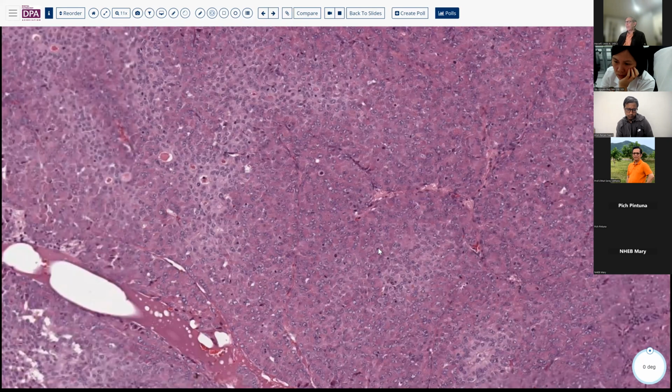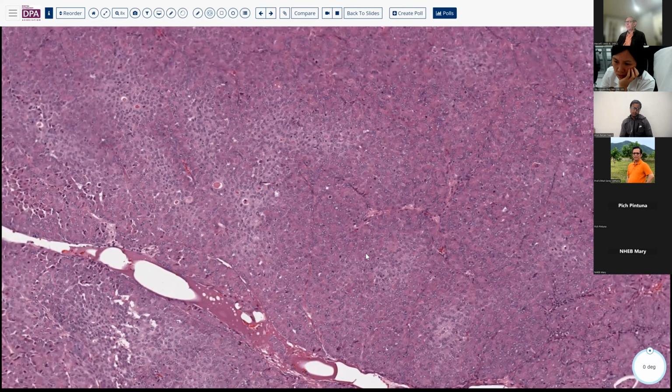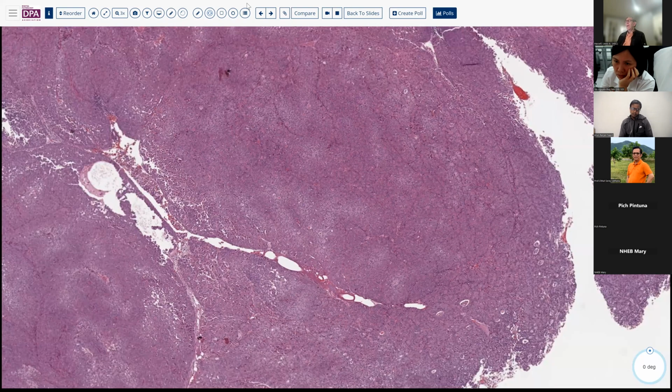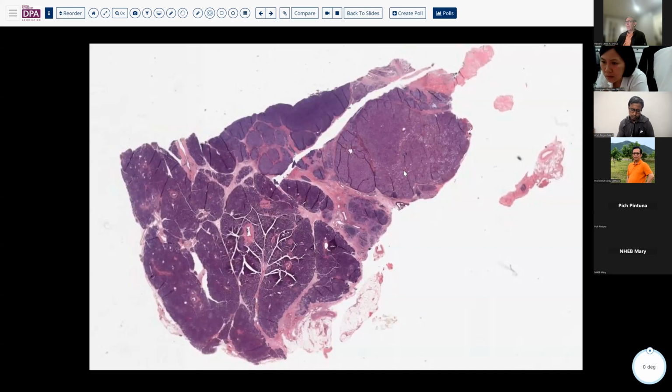I think most of us would look at these and say, oh, these look like acinar cells, but it's not in an acinar configuration, so it must be acinar carcinoma. Another example.